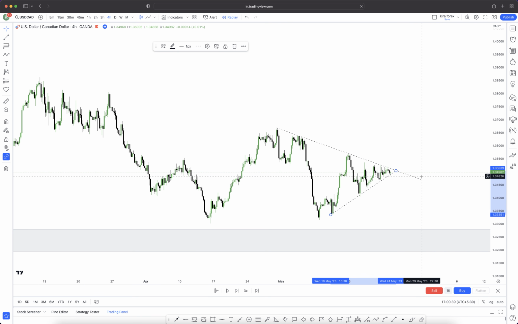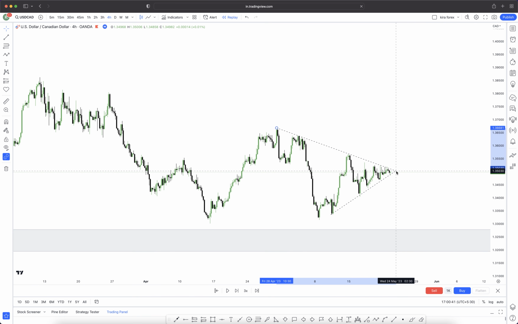Now putting these two trend lines together, what I am getting here is a bullish symmetrical triangle. With a bullish symmetrical triangle, you know it. The next thing I'll be doing is that I'll wait for price to break out. Immediately price breaks out, it comes back for a retest.